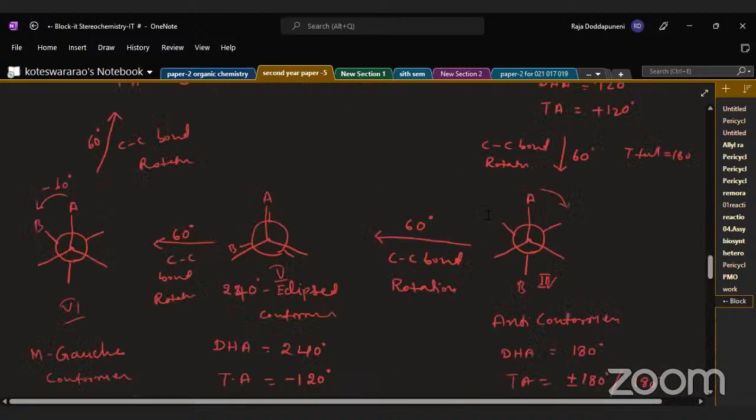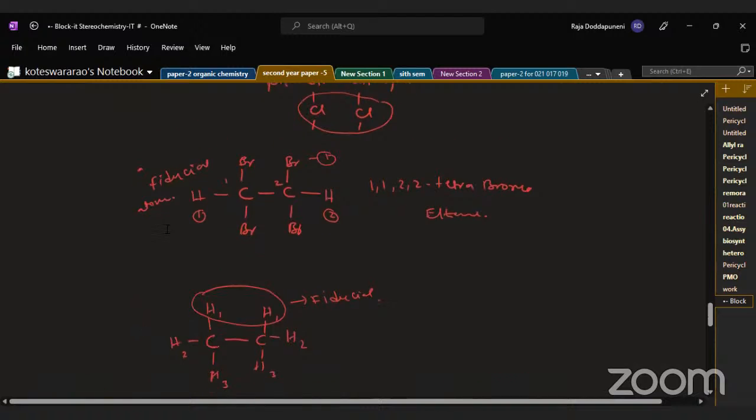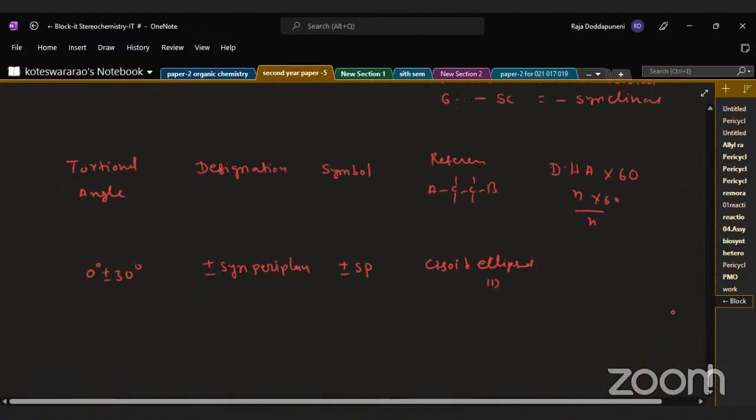Okay. Here I have given the cissoid. This is the syn periplanar structure actually, plus or minus syn periplanar. Right. Now that is structure 1, mentioned in the brackets, the common number 1.